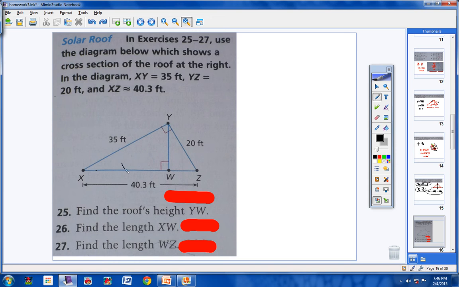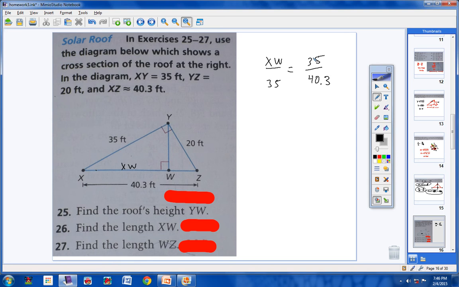So here's what I have: XW over 35 equals 35 over 40.3, because if you take the geometric mean of these two terms, it will equal this leg here, which is 35. So very quickly, we're going to multiply 35 times 35, and we're going to multiply 40.3 times XW, okay?